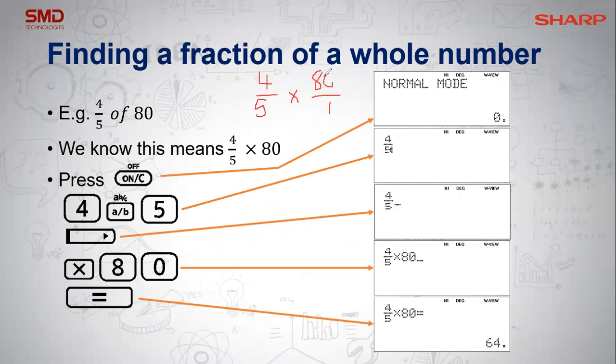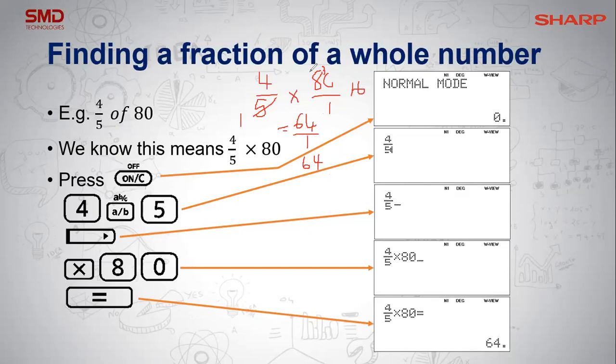So 5 goes into 5 once. 5 goes into 80: 5 goes into 8 once, left over 3. 5 goes into 30 6 times. So now I have 4 times 16, which is 64, and 1 times 1, which is 1. So my final answer is going to be 64.